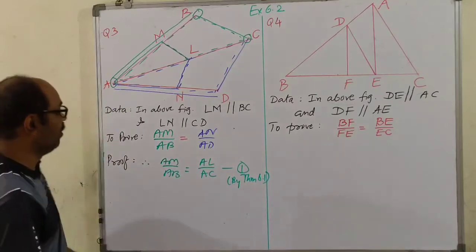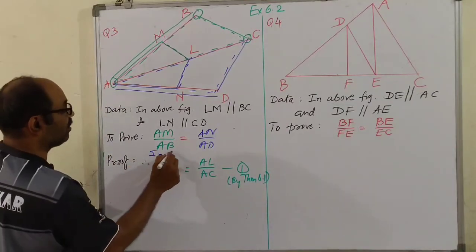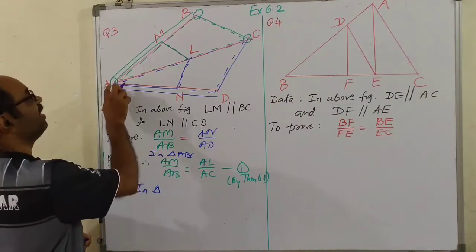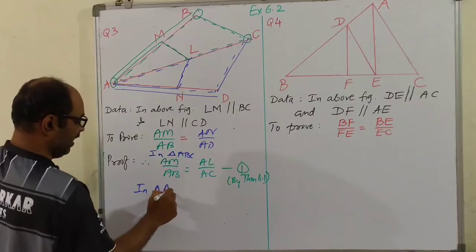Correct? Now, here you wrote in triangle ABC. Similarly, here you will have to write in triangle ACD.